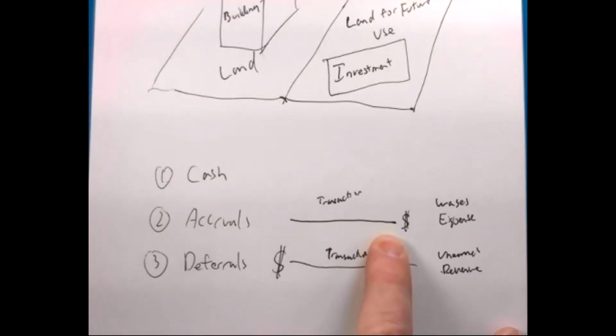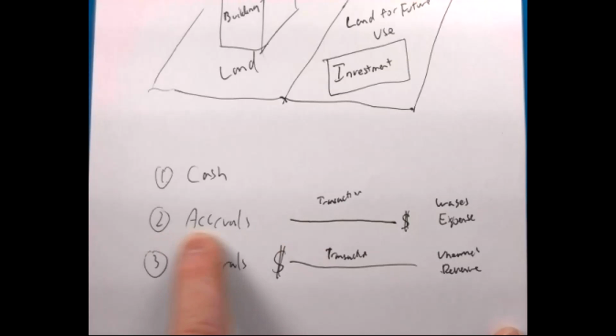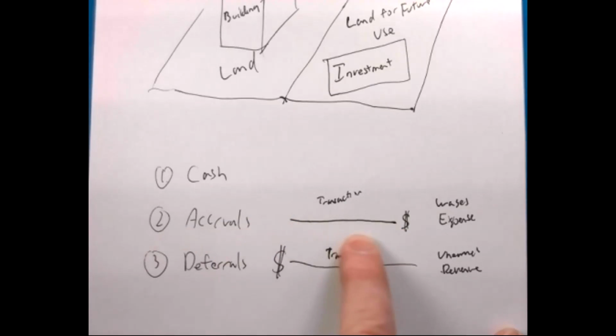Accruals are more difficult because nothing has changed hands yet. So you have to go through and see how much you owe somebody. Anyway, this is when the cash hasn't been paid.